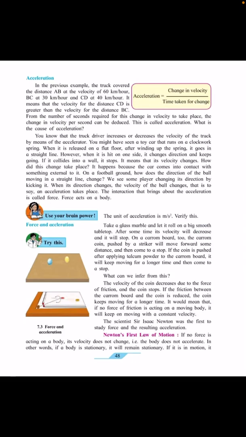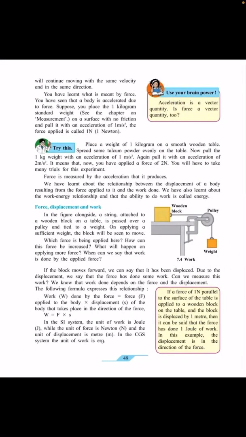Now on the same page we have Newton's first law of motion. So learn the definition of Newton's first law and its units. Now let's go to the next page. Here you can see what you mean by force, displacement and work, the blue letters. So learn all those things.